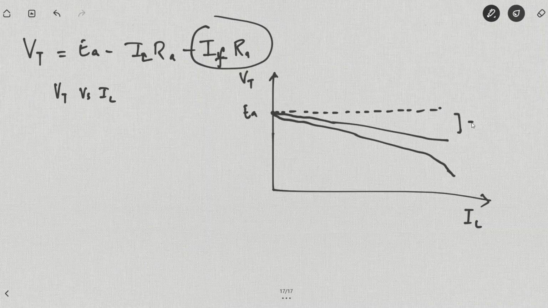So there are two drops. Unlike the separately excited DC generator, you have the IARA drop. This is actually the ILRA drop, but I'm writing this as the IRA drop. And secondly, we have the field weakening effect because of IFRA.